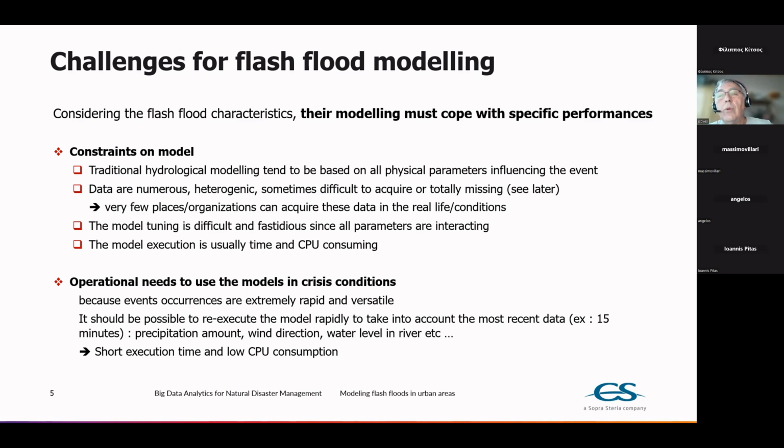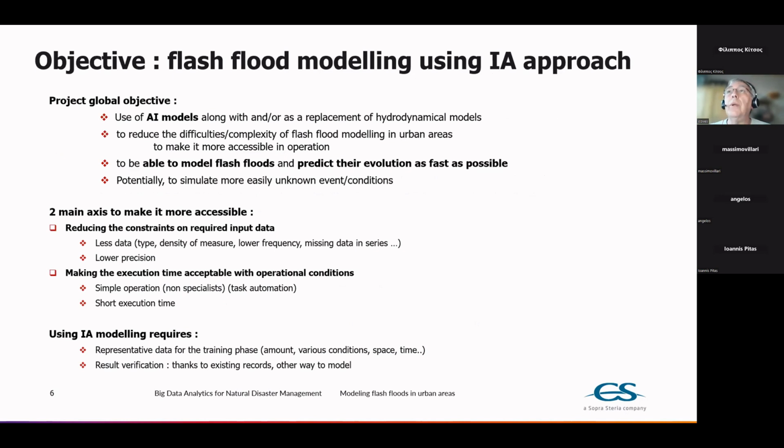You calculate several parameters for each small place in the city. So this characteristic pushes us to try to figure out how AI could help us, since in an AI approach, it's completely different. Of course you need the data, but you don't try to figure out exactly how all the physical parameters interfere, interact, and change the result of your model.